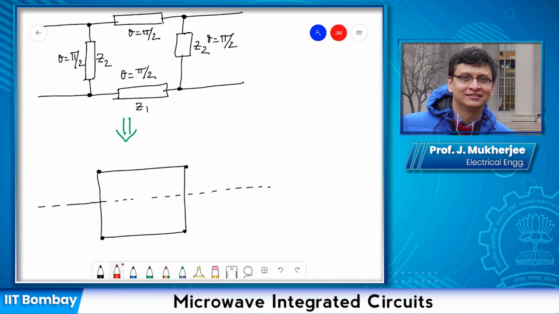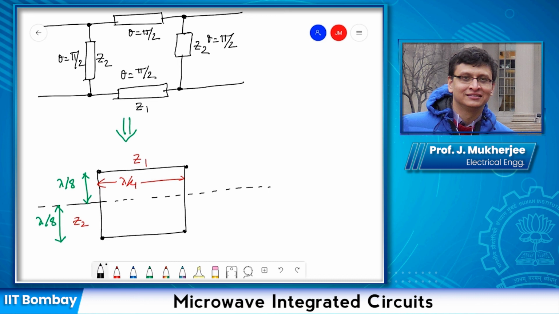So once again, this length is lambda by 4. This is Z1. This is Z2. This length is lambda by 8. This length is also lambda by 8. Okay.